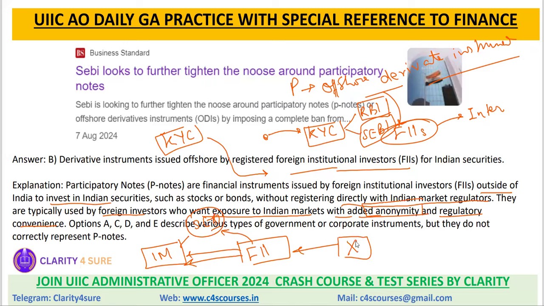If X is purchasing P notes from this FII, then X is not bound by the regulations set up by the SEBI, because these regulations apply to the FII, and this FII is making a derivative instrument involving the Indian market, which is being sold in the form of P notes to X.